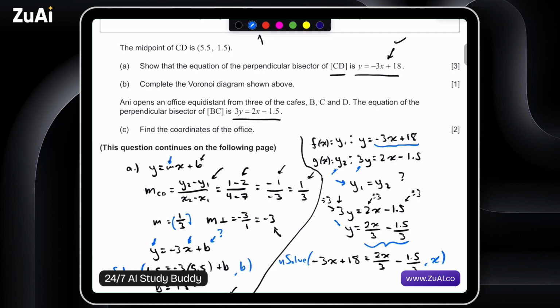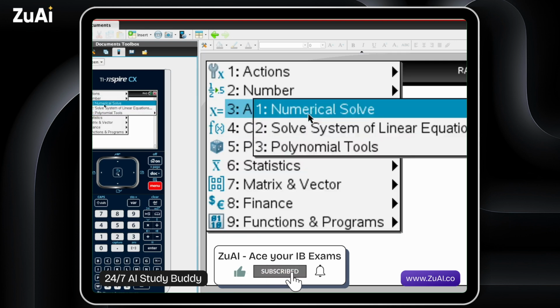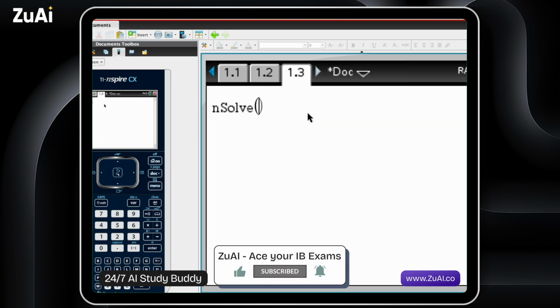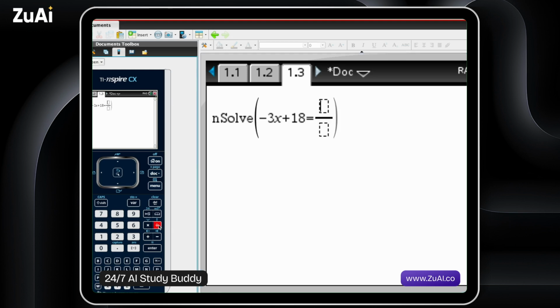Okay, so let's go back to the calculator, menu, algebra, numerical solve. Negative 3x plus 18 is equal to, and we'll set up a fraction, 2x over 3 minus 1.5 over 3, and we'll ask the calculator to solve for x.